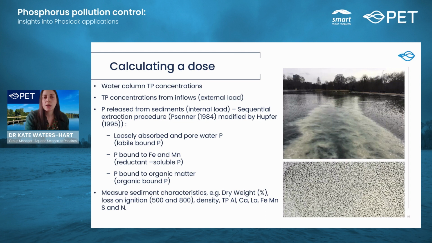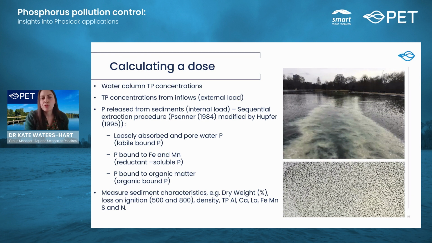So we look at taking sediment cores and understanding how much phosphate is released from different phosphorus fractions within the sediment. We do a sequential phosphorus extraction procedure to do this. We look across the first three fractions, which is looking at loosely absorbed phosphorus, which can be released through benthic fish foraging, through wind and wave action.